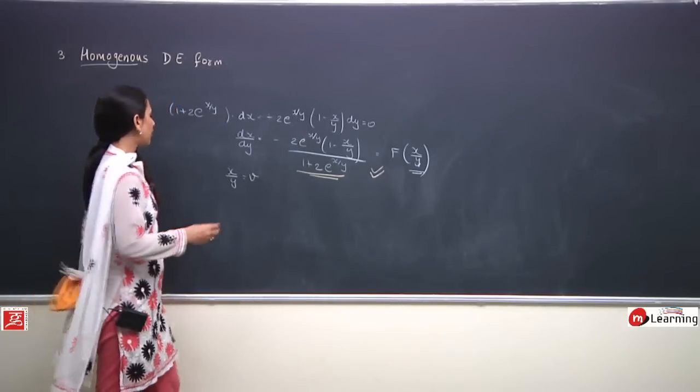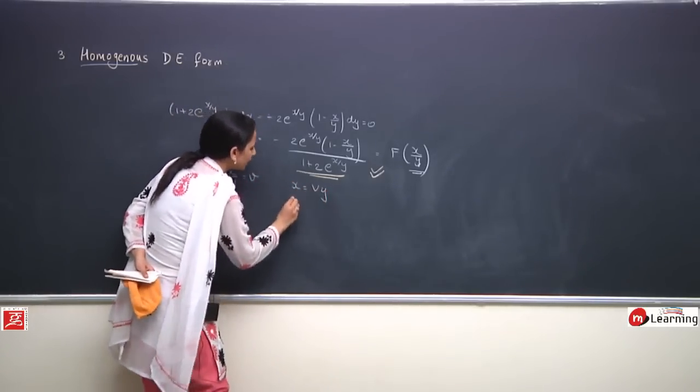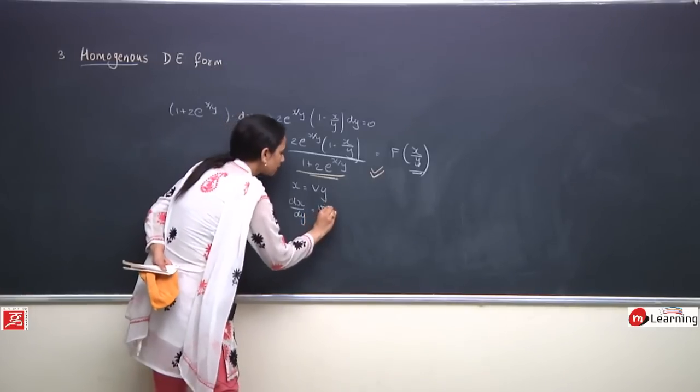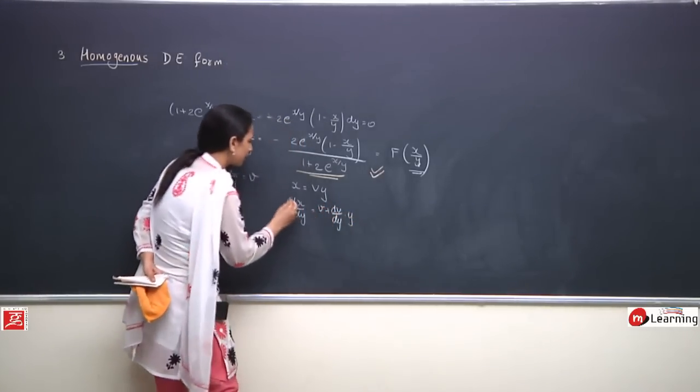So I have x upon y as v, or x is equals to vy, I can write dx by dy is equals to v plus (dv/dy) into y.